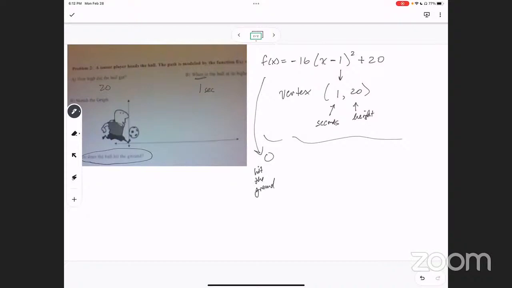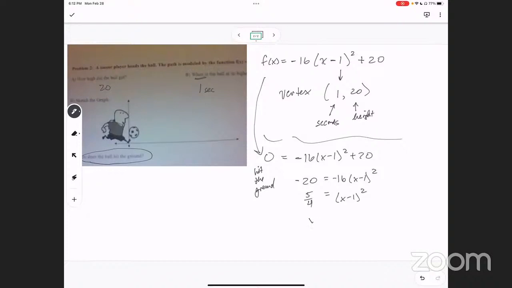Okay. So 0 equals negative 16 (x minus 1) squared plus 20. Subtract 20 from both sides. See what I'm doing? You good with this? Yeah. Divide both sides by negative 16, and you're going to get 5/4 equals (x minus 1) squared. Take the square root of both sides.